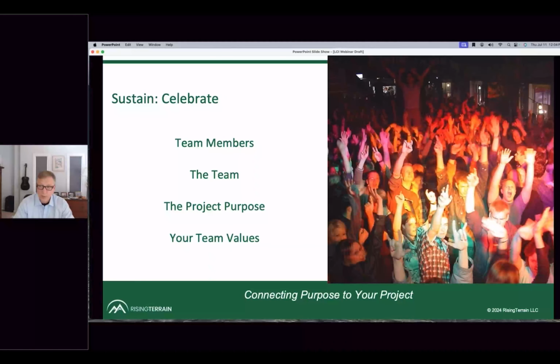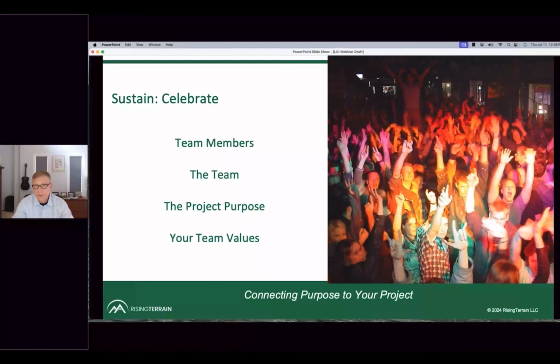How do you continue to work with the team? How do you talk about a project purpose? A lot of that is about celebrating the purpose that you have and being excited about it. By celebrating, I have an image of a party there, right? So there are different ways of celebrating, different ways of acknowledging on a regular basis why your project is important.